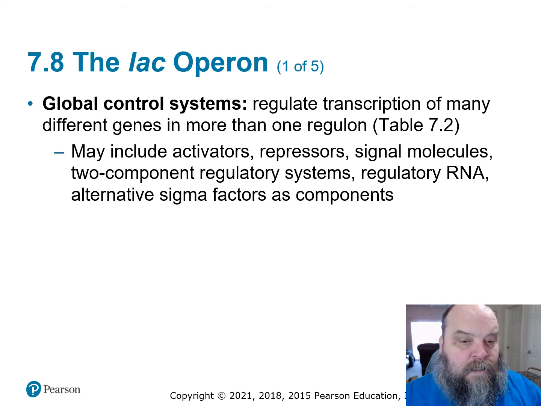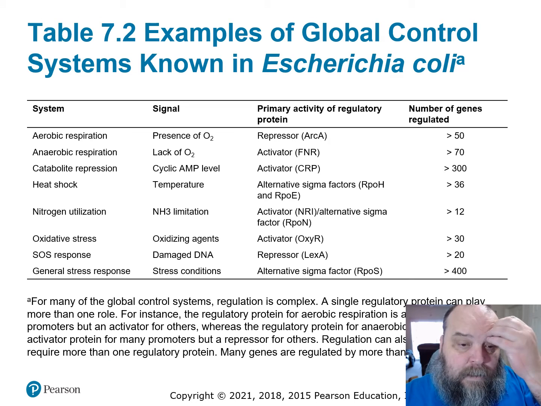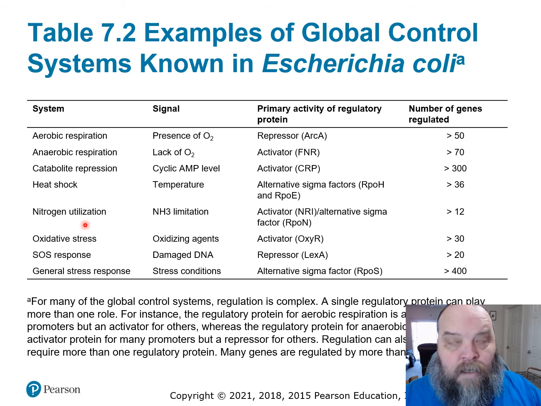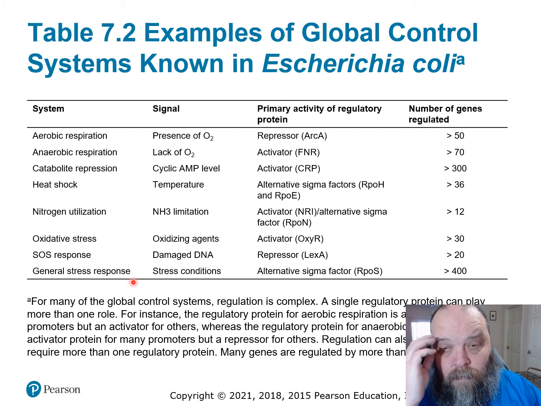There are going to be activators, repressors, signal molecules involved, some form of a two-component system. They'll activate, deactivate, and so on. When we look at these global control systems in just E. coli, we see that there are systems for aerobic and anaerobic respiration, catabolite repression, heat shock, nitrogen utilization, oxidative stress, SOS response, and then just general response.